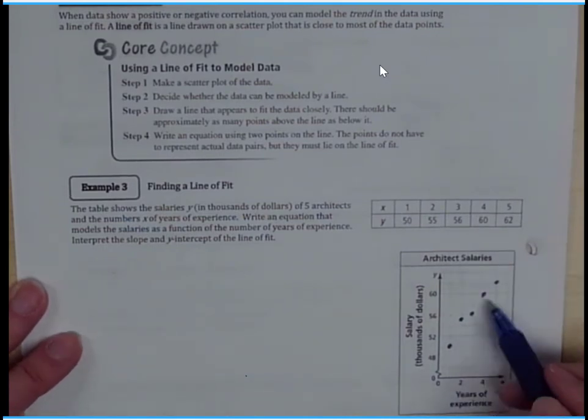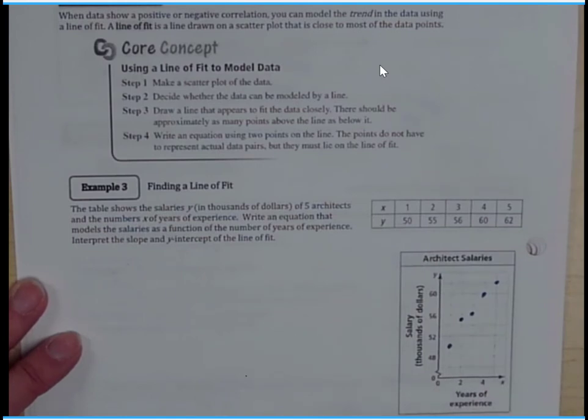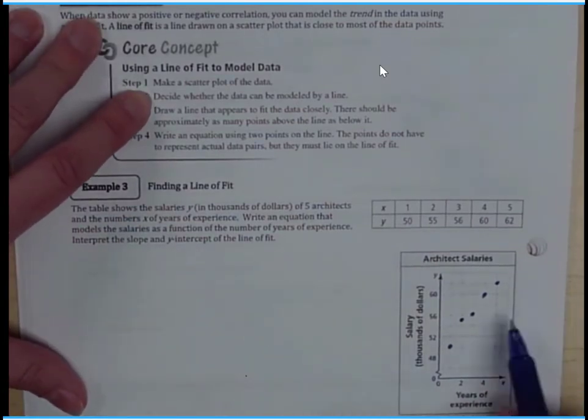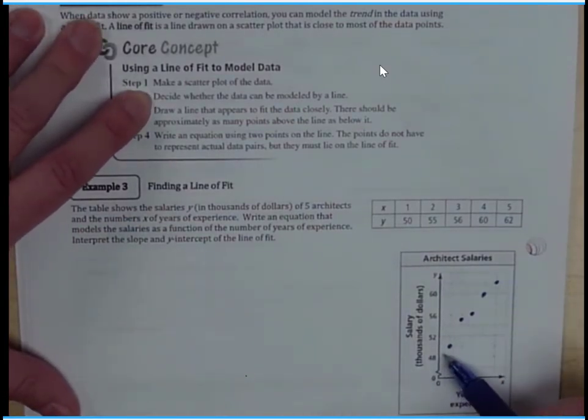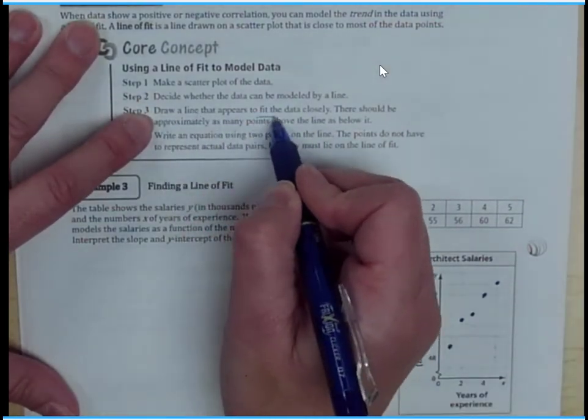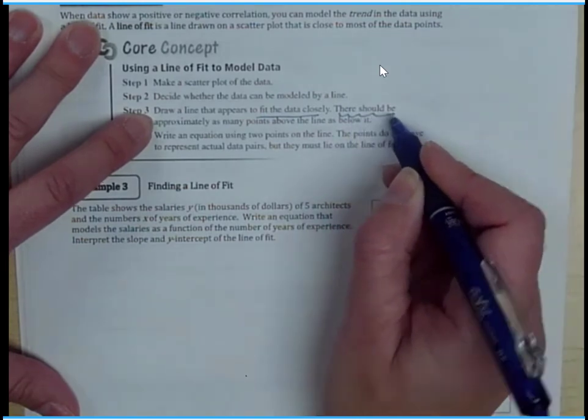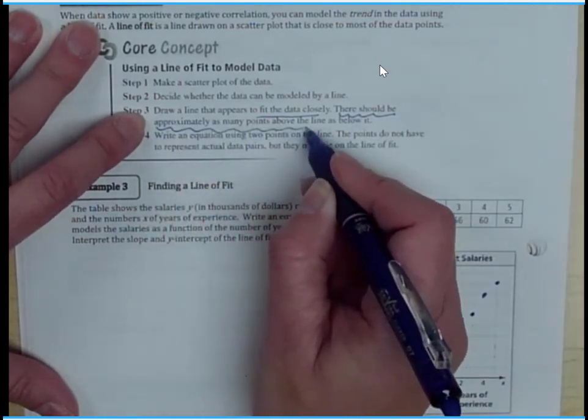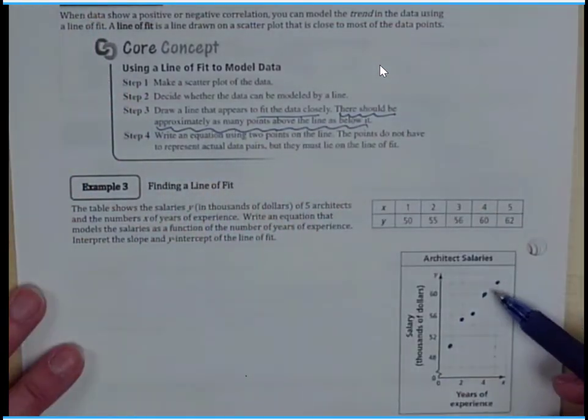So I already can tell I've got a positive correlation. As X increases, Y increases. Now, can this be modeled by a line? Absolutely. Draw a line that appears to fit the data closely. There should be approximately as many points above the line as below it.